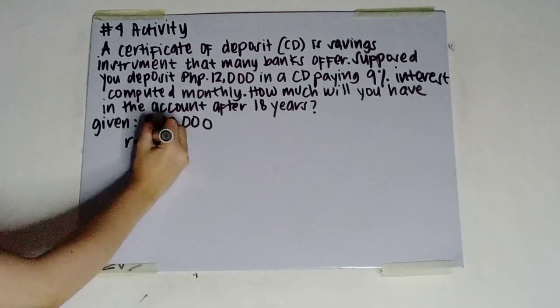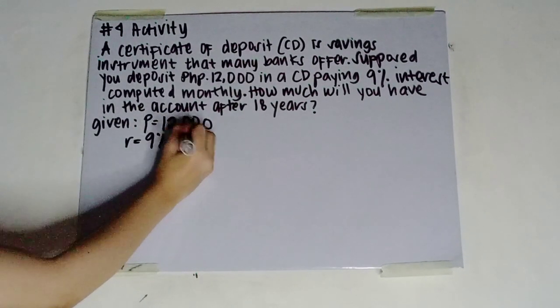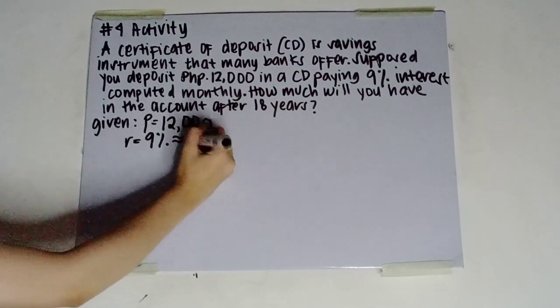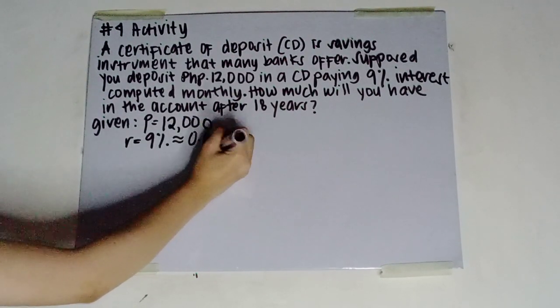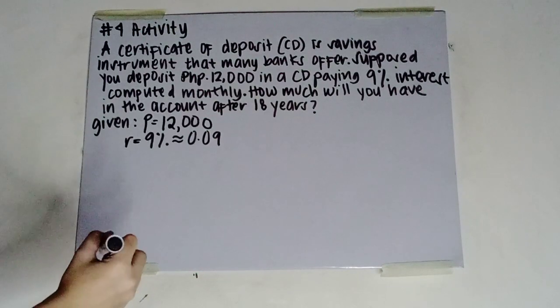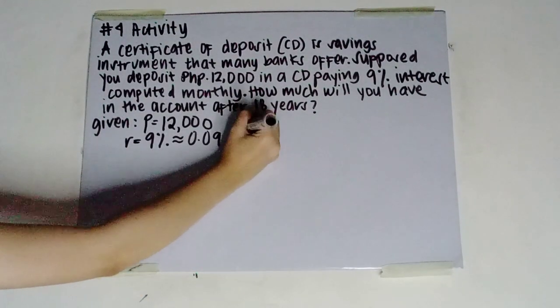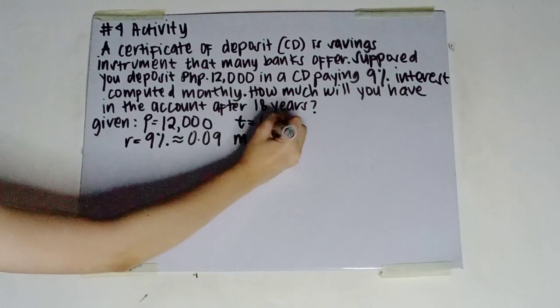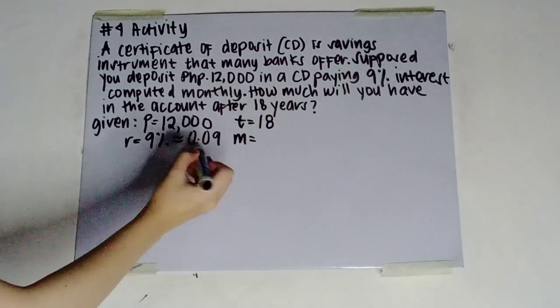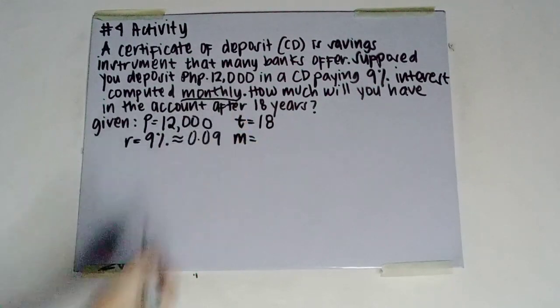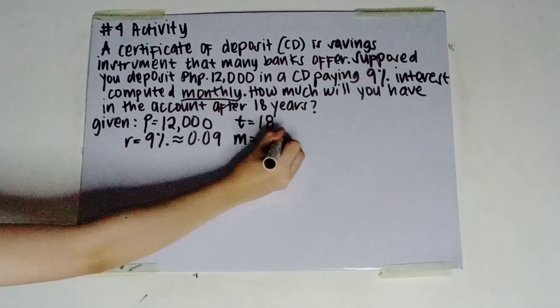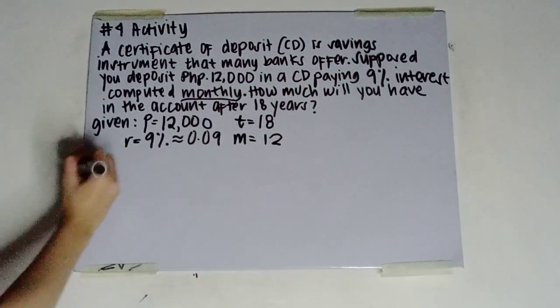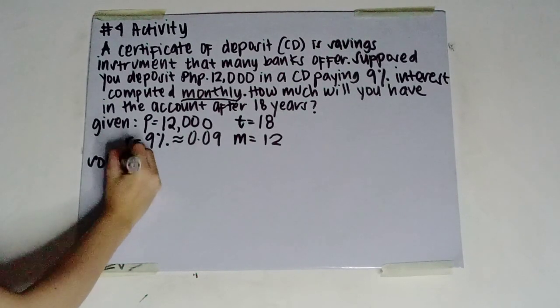R is equal to 9%, converted into decimal, 0.09. T is equal to 18 years. And since monthly, M is equal to 12.